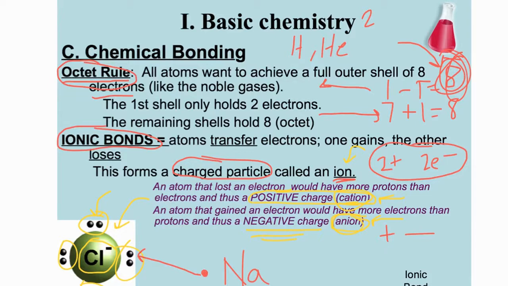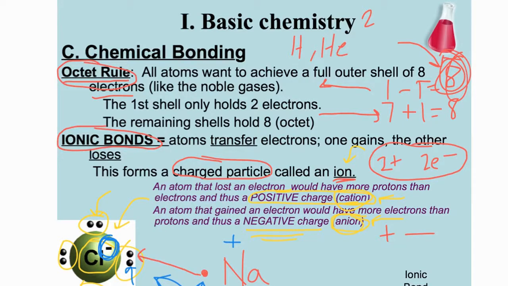But since sodium has given up an electron, it now becomes a positive ion because it has 1 more proton than it does electrons, because chlorine stole that electron. Well, chlorine, now that it has 1 more electron than it does protons, has a negative charge. Well, I know you guys have always heard that opposites attract.